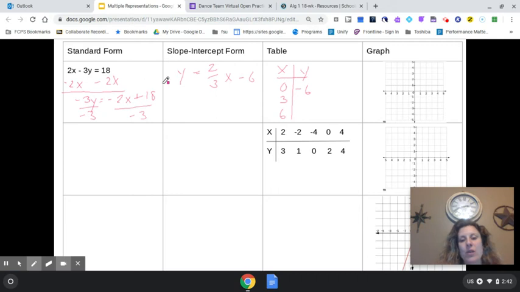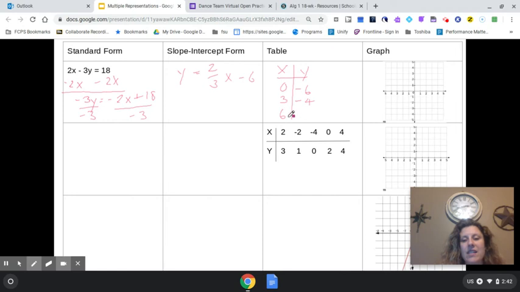We also could have found that y-intercept just by looking at the function in slope-intercept form. Remember, the b is your y-intercept value, and the y-intercept always has an x value of 0. Okay, let's plug in 3. 2/3 times 3 gives me 2, and 2 minus 6 gives me negative 4.